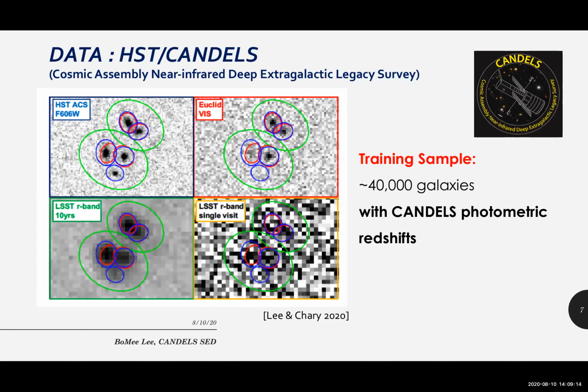For our purpose, HST CANDELS is the optimal data set to train galaxy SED templates, as it has excellent spectral coverage and unprecedented depth and spatial resolution, as you all know.